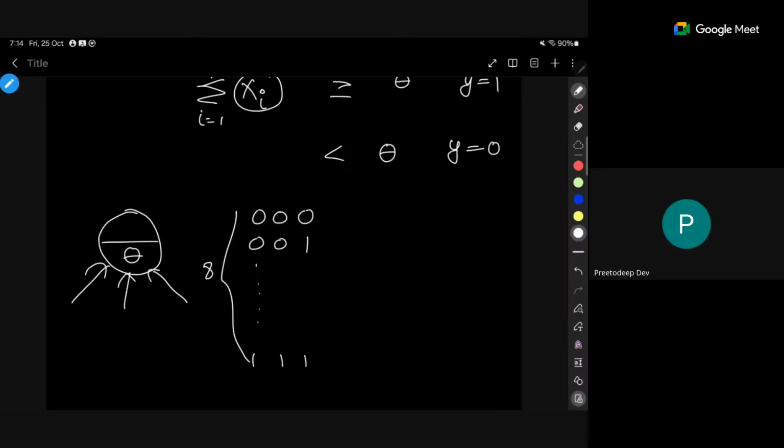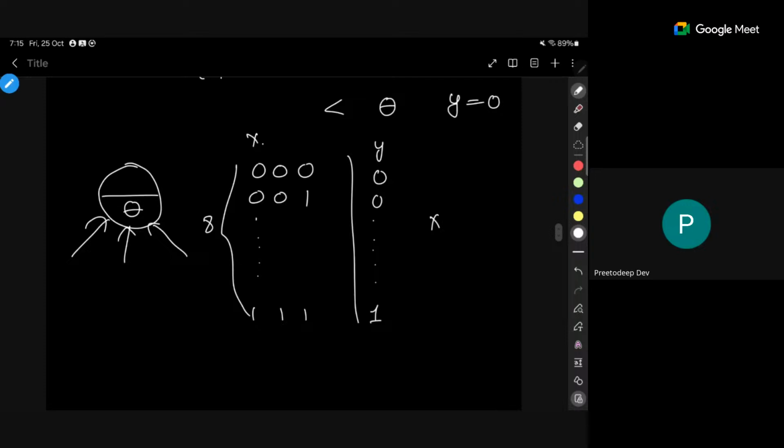All outputs y are 0 except the last one, which is 1. So I need the sum of x1, x2, x3 to be greater than or equal to a value, and then only it should excite, or give y equal to 1.